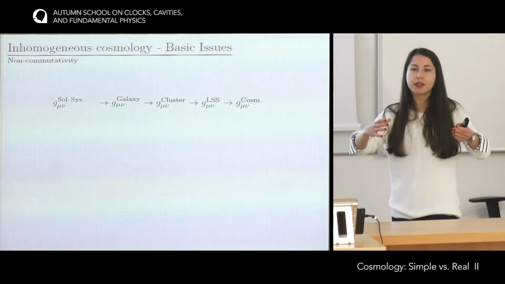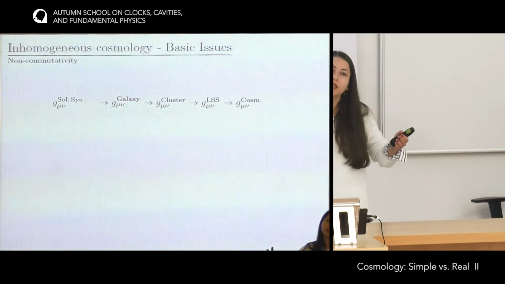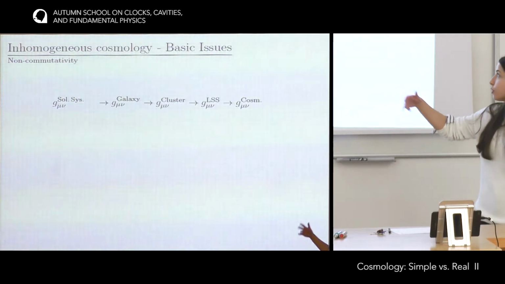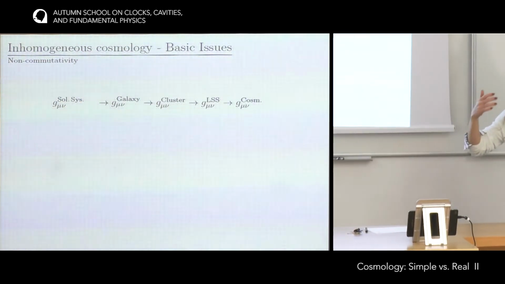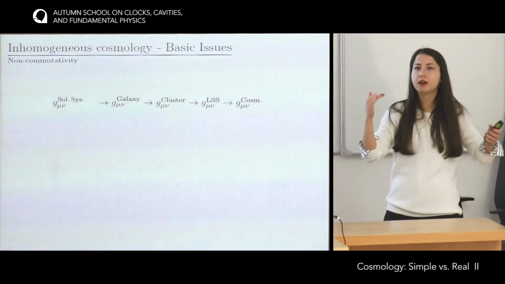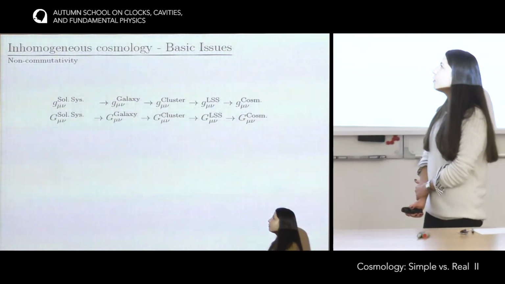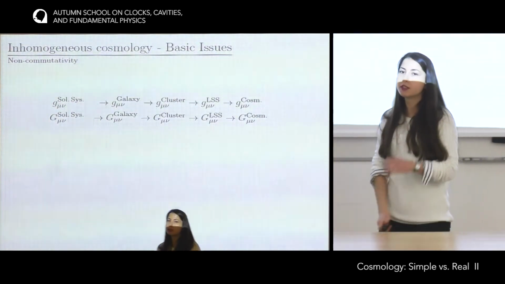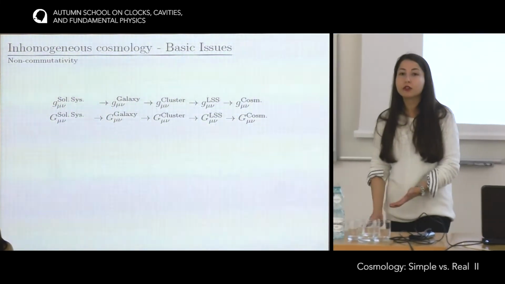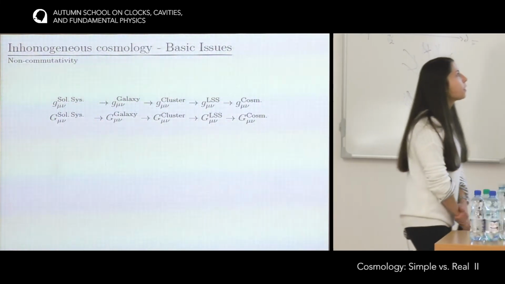You smooth out, and then you go to a galaxy scale, and then you smooth out your metric to define the cluster scale or larger scale structures, and then you reach your cosmological scale by doing some coarse graining of your gravitational field. And of course you can do the same for your Einstein tensor. This is the left-hand side of the Einstein equations that includes the curvature terms. You can do this at every smoothing scale, right?